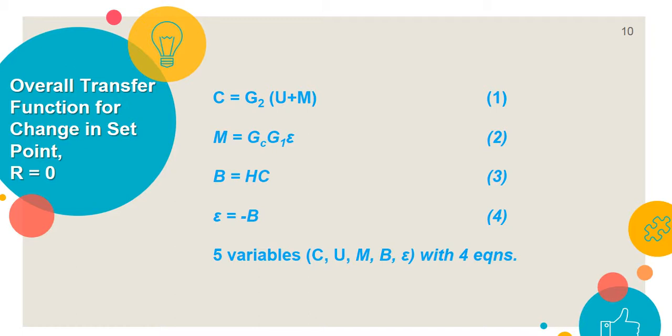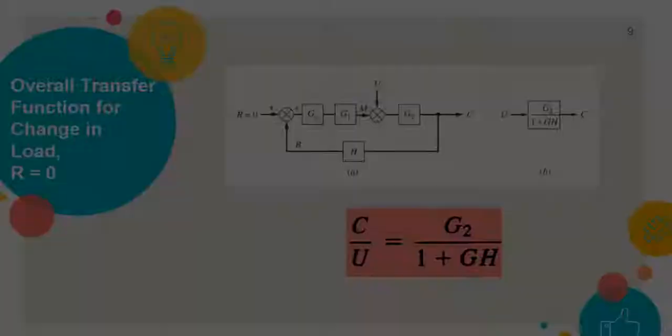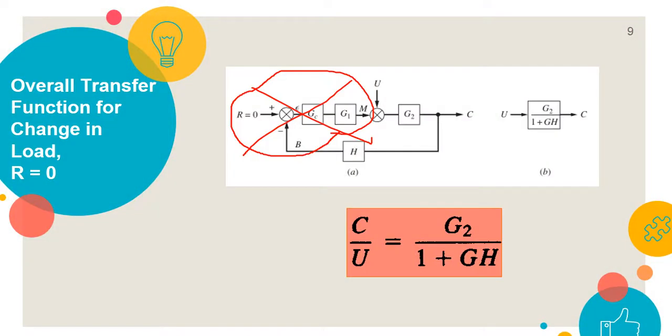Now, let's check which part of the process this came from. So C over U plus M. So your C is here. And you could see in this summing junction that you have two input variables in this leg. So I'd like to first erase this one. Okay.